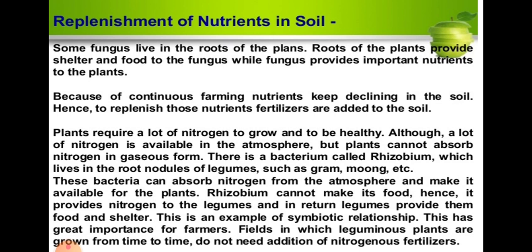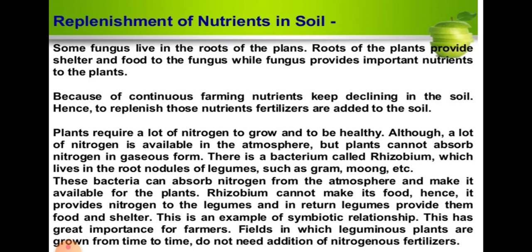So farmers do not need to put nitrogen fertilizers in a field in which leguminous crops have been grown earlier. This saves a lot of money also. So this is all about how nutrients are replenished in the soil.